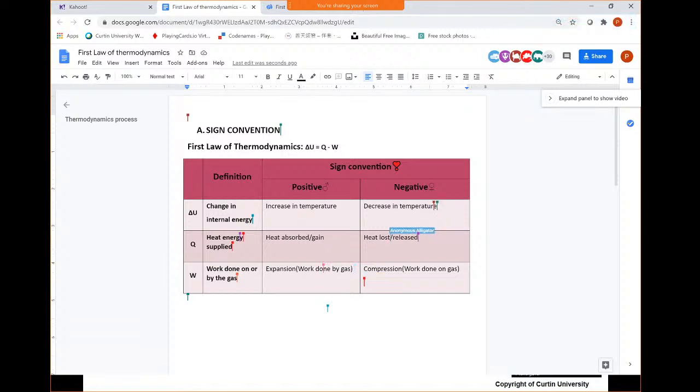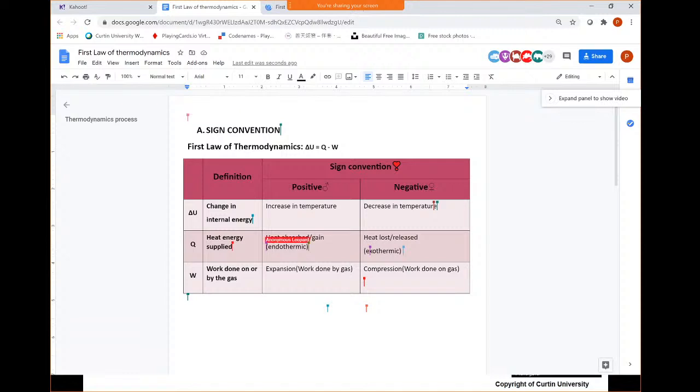Can you write down into the Google Docs? Just write down, you can put a bracket. And heat loss is exothermic, right?